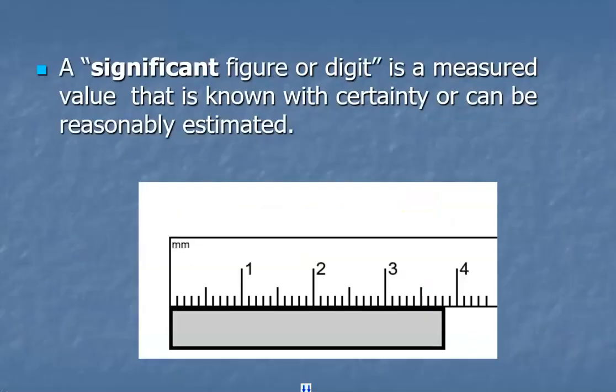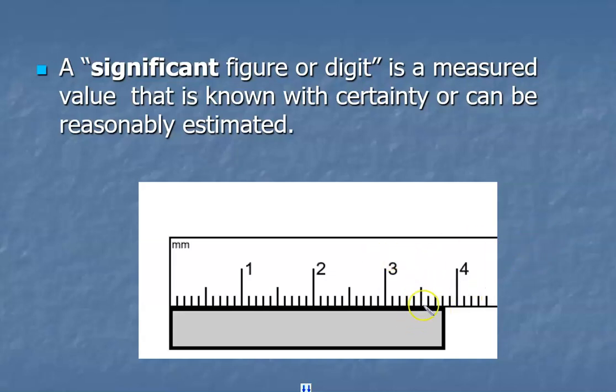You don't need to know the definition for me, but just in case you're curious, a significant figure or digit is a measured value that is known with a great deal of certainty and also could be estimated to like a decimal point. For example, this is a ruler that's blown up, but we could say with great certainty that this is over 3 centimeters in measurement.